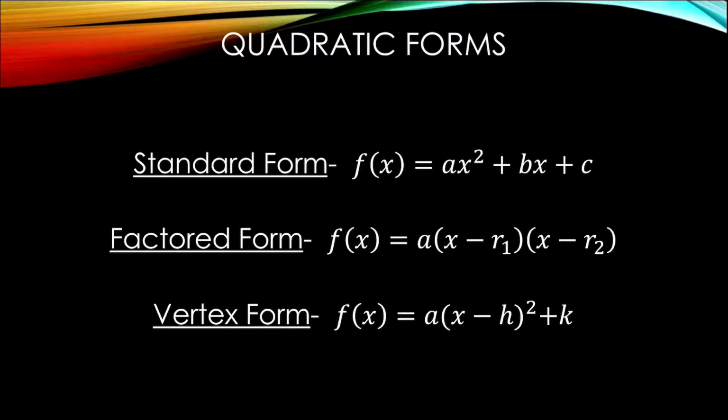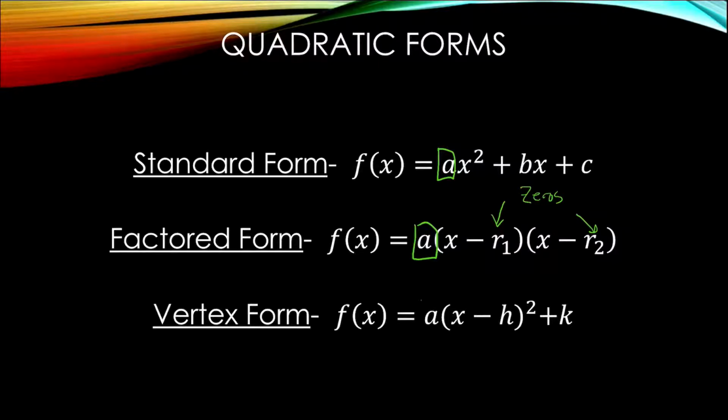So let's look at these. In standard form, f of x equals ax squared plus bx plus c. Notice there's my a. The a is going to be very important in a little bit. Factored form is a multiplied by the quantity x minus r1 times x minus r2. We're going to learn that these r's help us find our zeros.